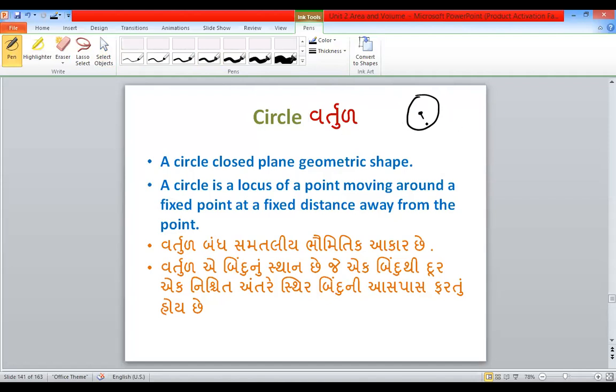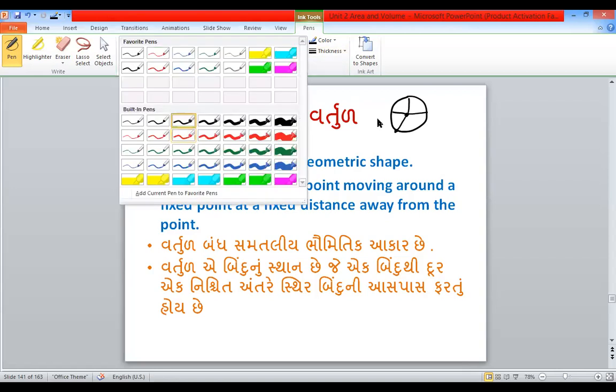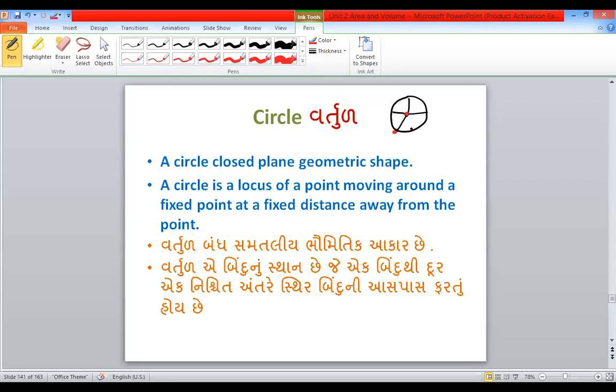The distance from the center to any point on the surface is always equal. When you go anywhere on the surface, the distance between these two points is always a constant distance.